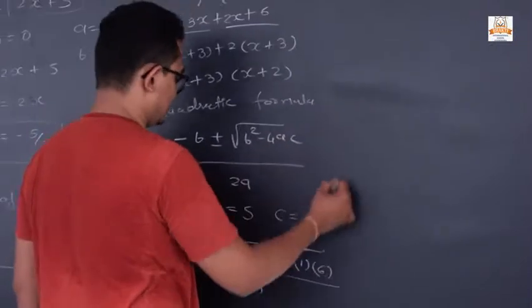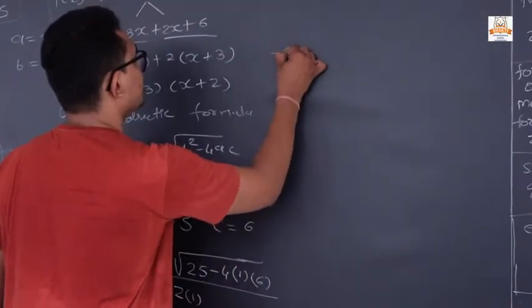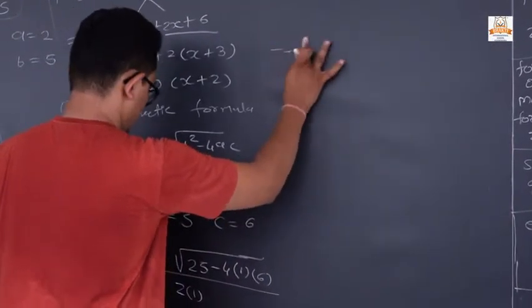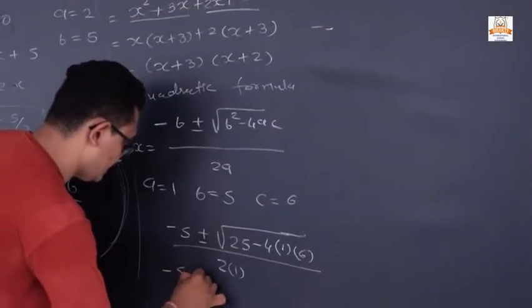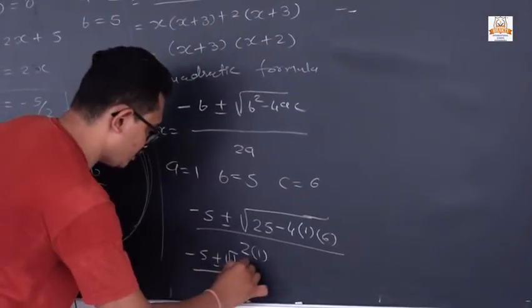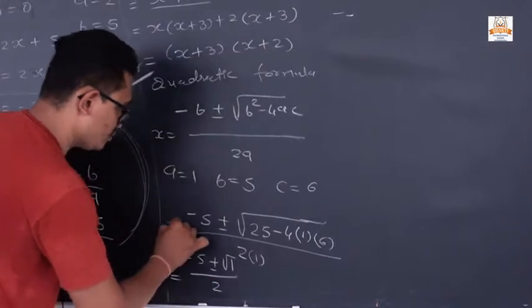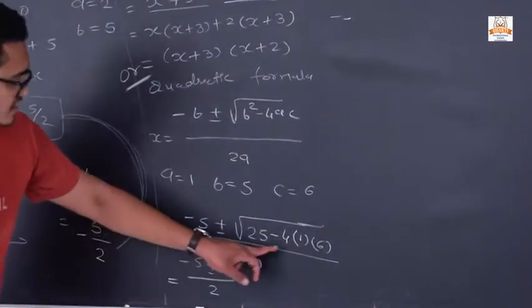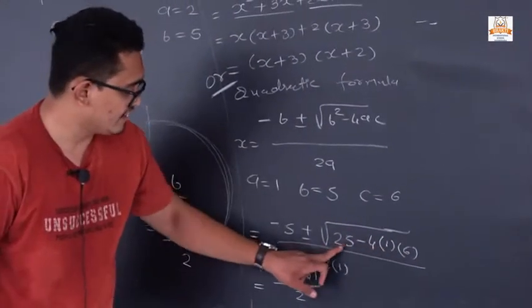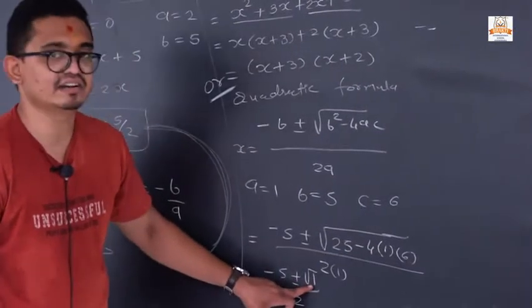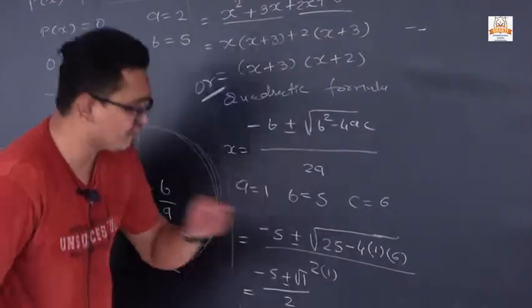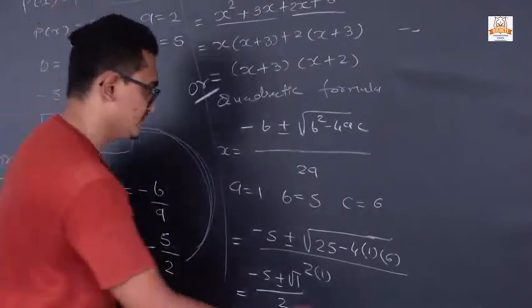So we can write like that, minus 5 plus or minus root 1 upon 2 1s are 2, because 6 4s are 24, and 25 minus 24 will be 1. Now what is the square root of 1? It is 1.